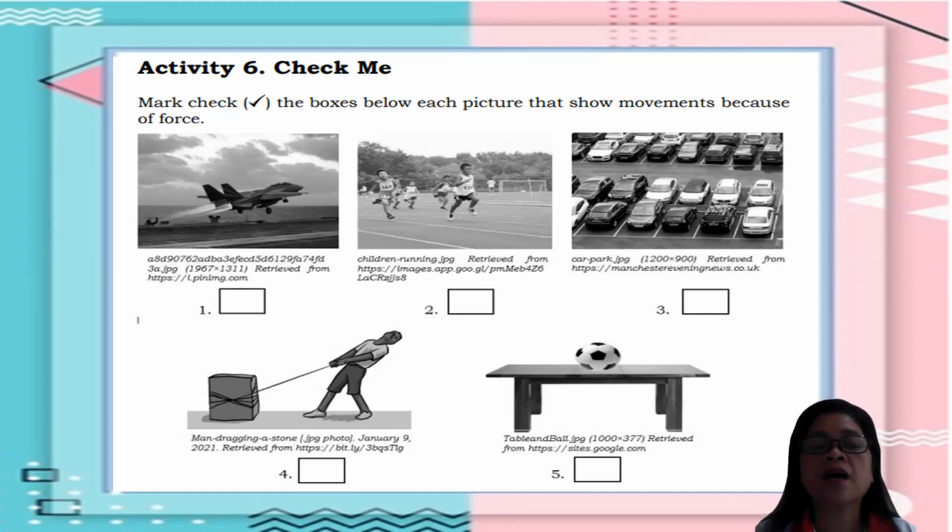Yes, it is, because someone is applying force on it. Somebody is pulling the object. So you put check. Number 5, look at the ball on the table. Is it moving? No. So leave it blank.